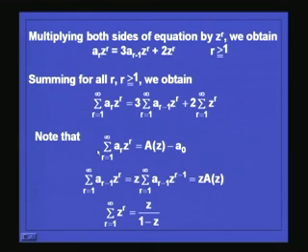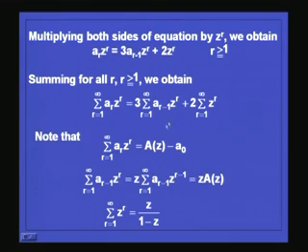The first term a_0 is not there. So, if you denote by A(z) the generating function for this, then the first term is not in this, so you have to subtract the first term. So, this is equal to A(z), which represents the generating function for the sequence a_0, a_1, a_2, and because the first term is not there, you subtract that.